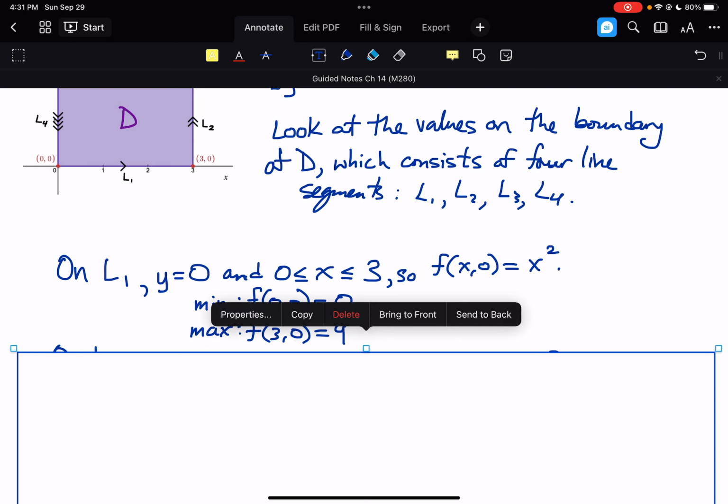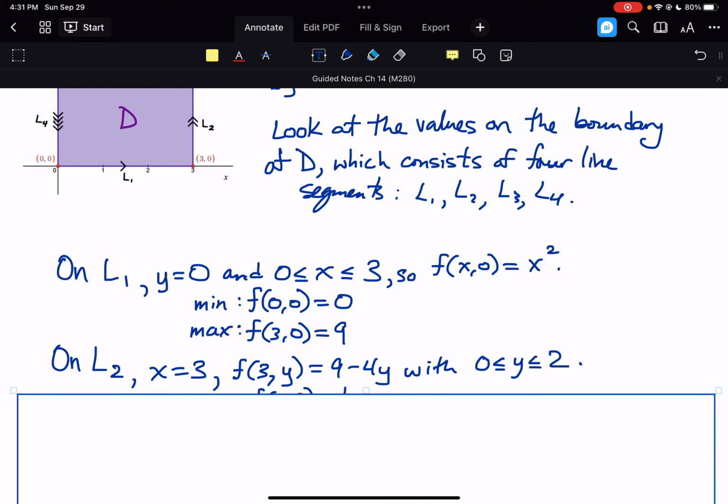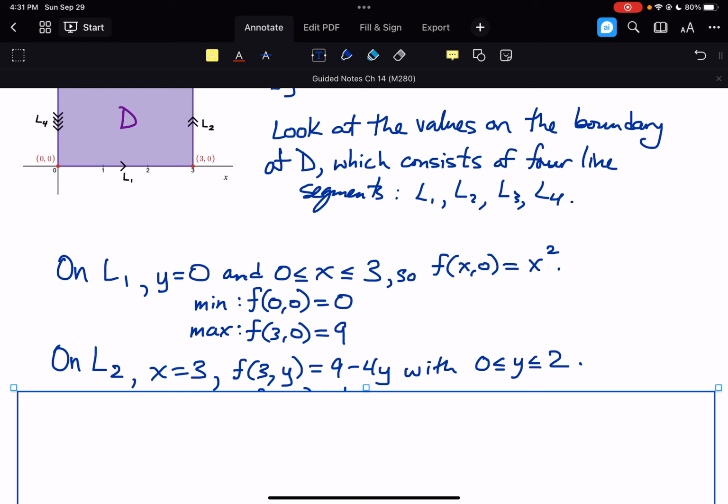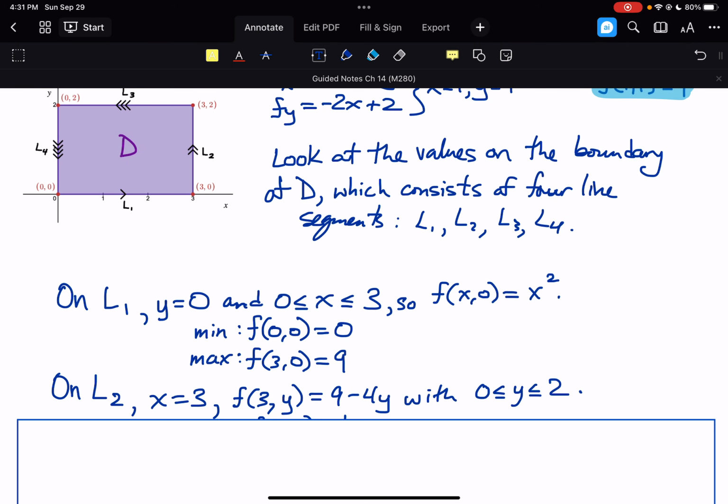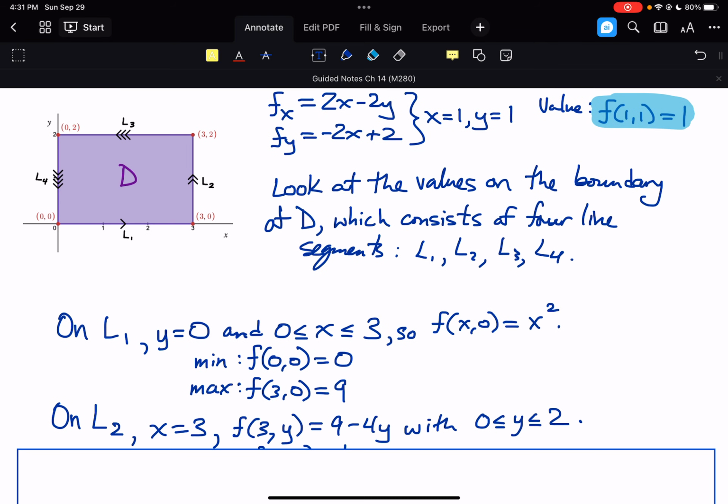Now, if we go to L2, on L2, x is 3, that's the vertical line, x equals 3. So we substitute that in. We get 9 minus 4y, with y going from 0 to 2. On this segment, the function is linear.